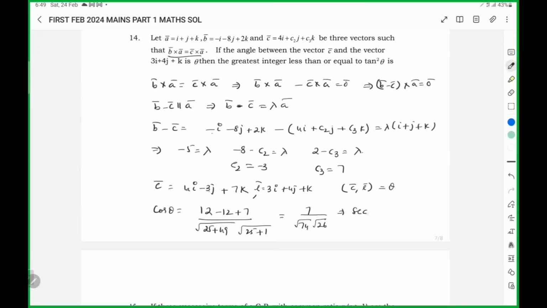So he is asking here secant square theta, we get 49. But here, greatest integer less than means tan square theta, he is asking secant square theta minus 1. So 74 into 26 by 49.